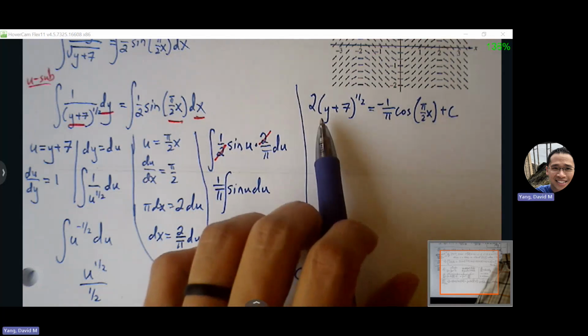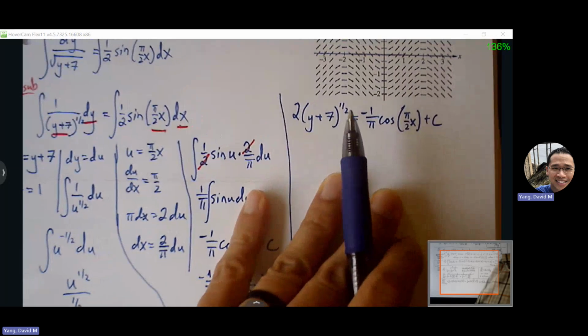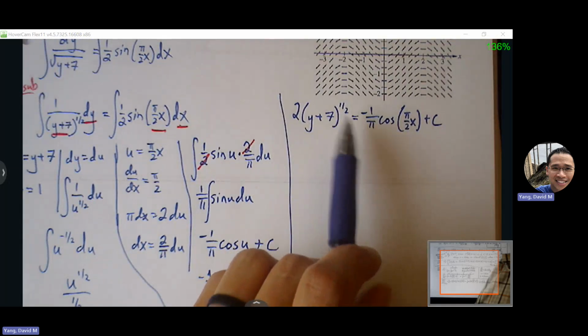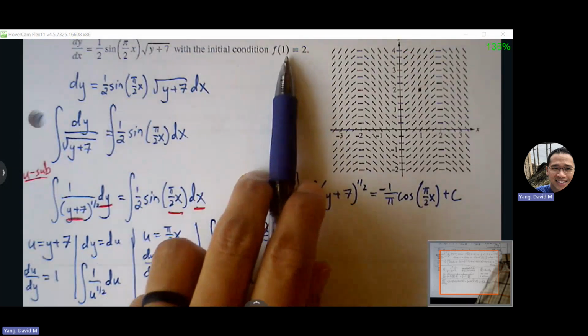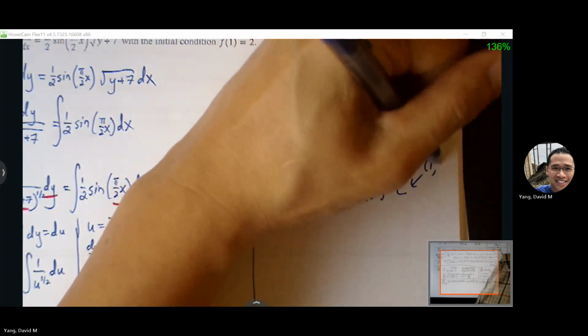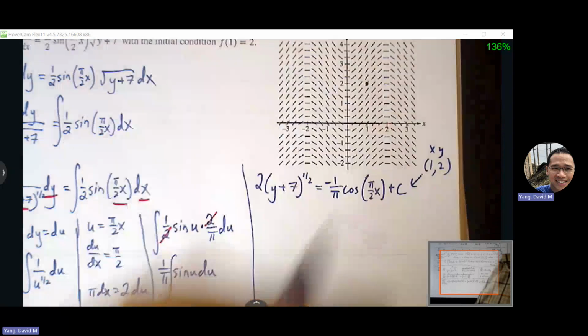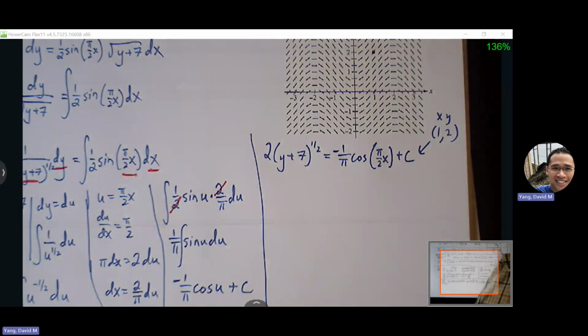Just get that out of the way, and then I can solve for y by dividing by 2 and raising both sides, squaring both sides. So to solve for c, I'm going to take my ordered pair 1, 2. So plug in 1 for x, replace x with 1 and replace y with 2.